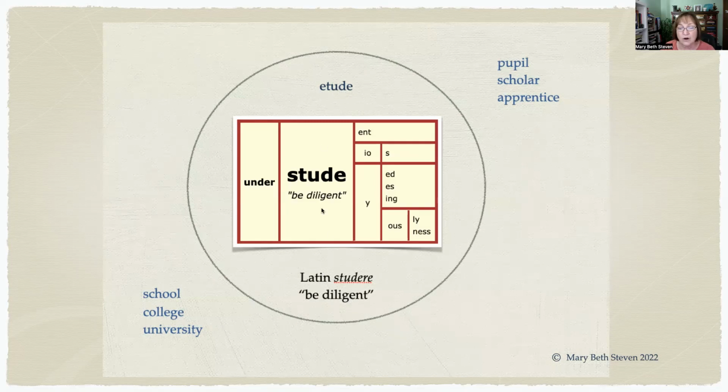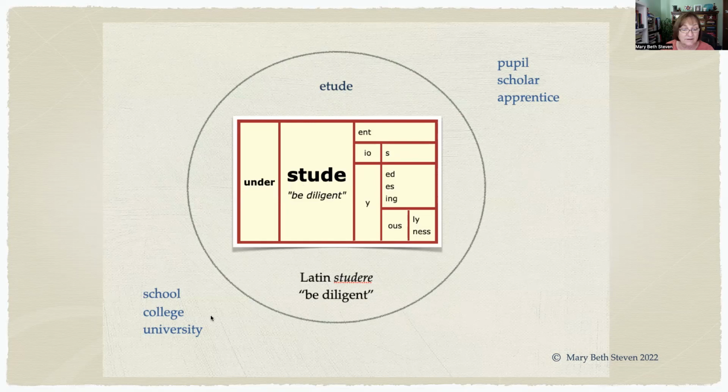Now, this word also comes from Latin studere, but it doesn't share spelling with stude, does it? It couldn't be on this matrix. These two are etymological relatives, right? They come from the same source word. They come from the same root, but they don't share spelling. They belong inside the circle, though, because of their relationship.